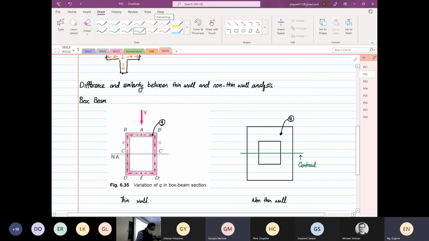For this case, if you want to find the shear stress at point A, the area of consideration is this area.